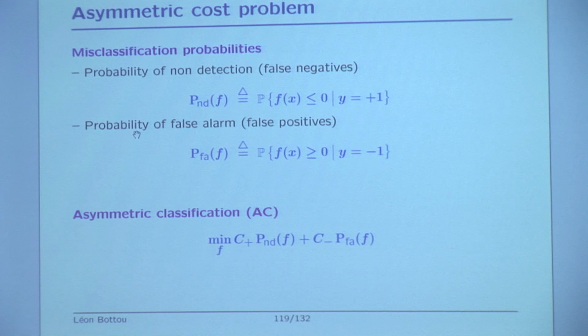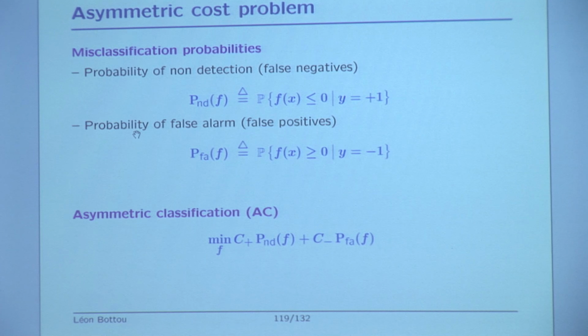That's a false positive. The standard way to deal with this is to have two costs: a positive cost times the probability of non-detection, plus a negative cost times the probability of false alarm. And say, well, we have to find these costs correctly, and then we optimize this function, and then we have a nice solution.